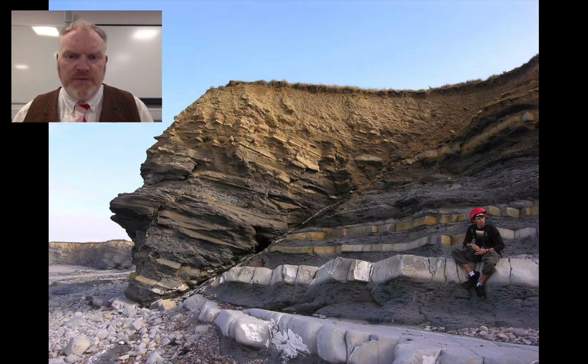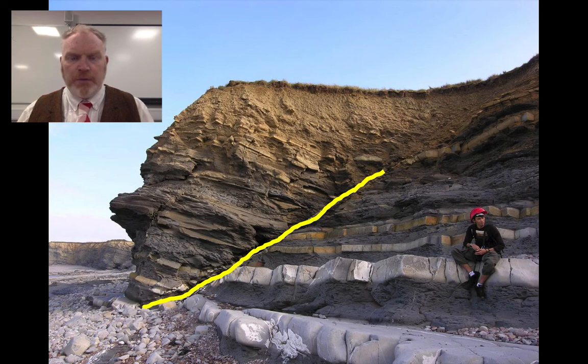Let's go back to this first photograph we looked at. We can identify the fault planes here, or the fault plane. Sorry, there's only the one, which is along here where the rocks have actually been broken and displaced. We can also identify the movement. On the left-hand side there, the hanging wall has been down thrown.